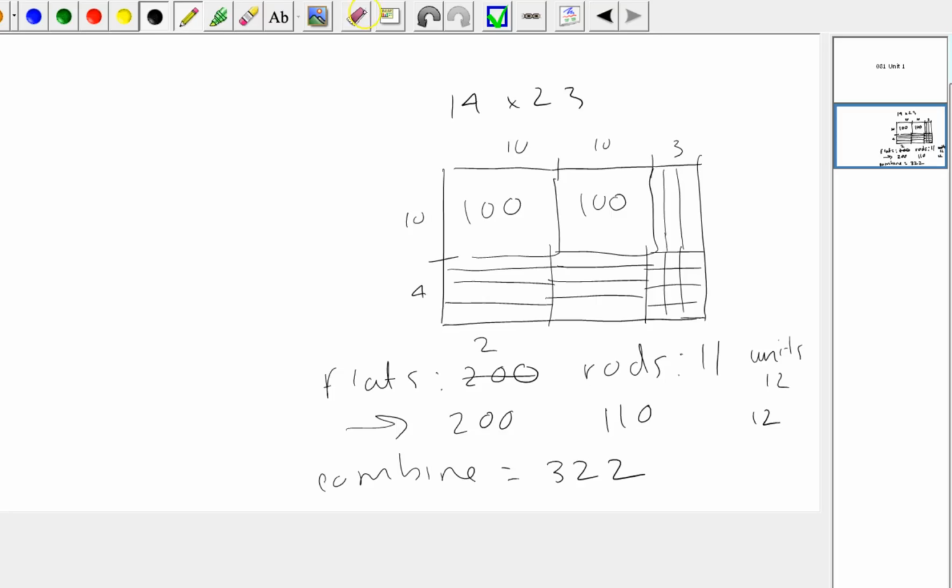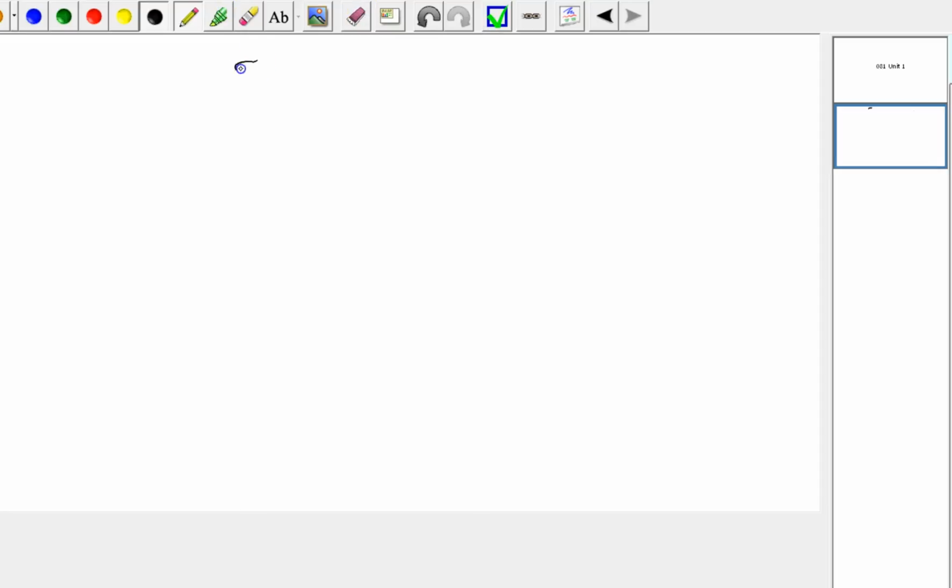So what was it? 564 divided by 4. Here are our 4 bins. Okay, so one way we'll talk about this in the modules is how many copies of 4 are in 564.